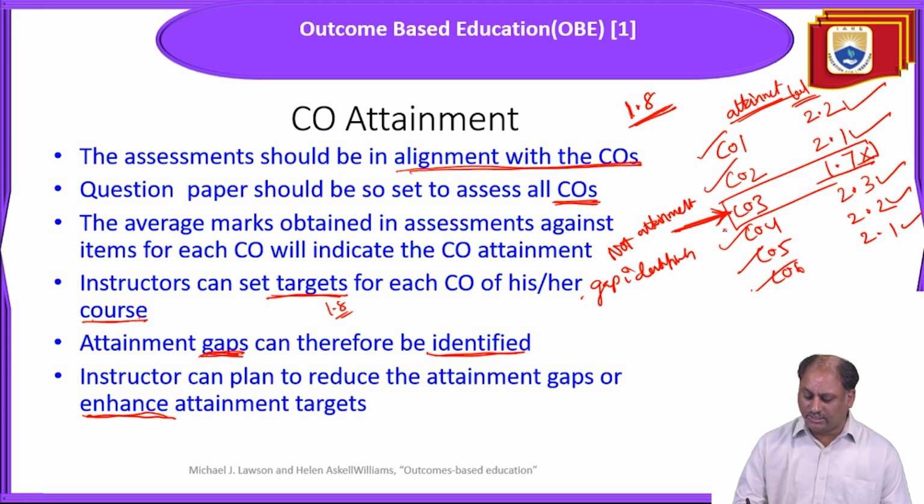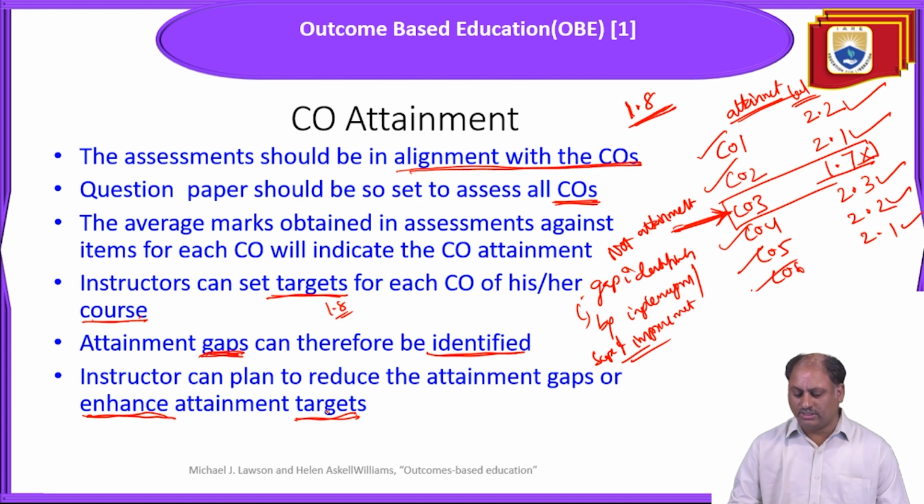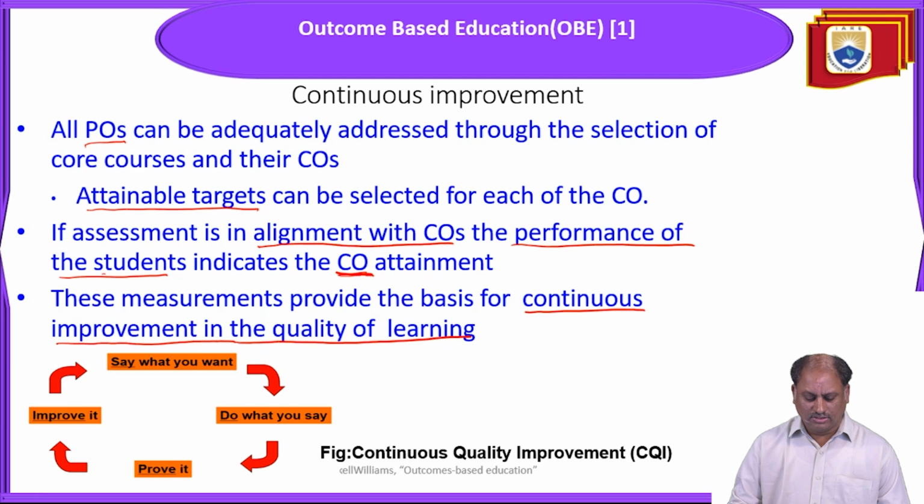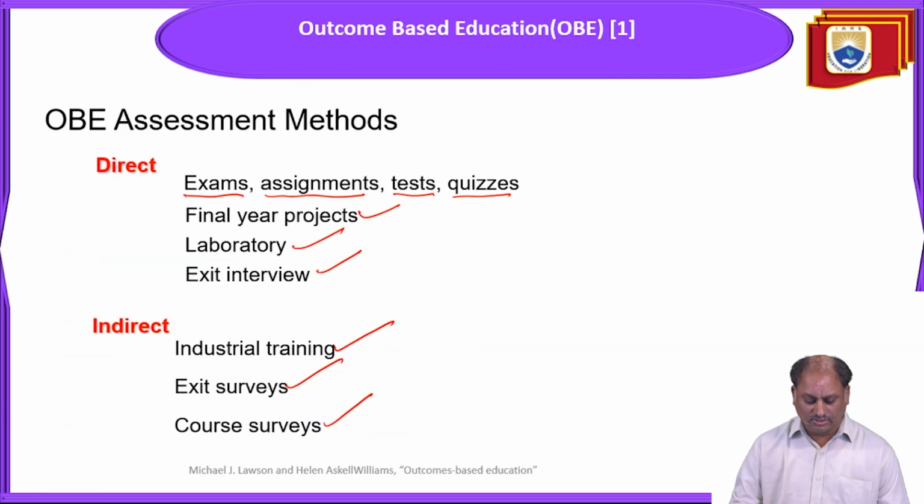This is the gap identified, and it is to be filled by implementing improvements in further areas. There is scope for improvement, and to reach the attainment target levels, further levels can be used. In this way we have to verify whether the attainment is met or not for that particular course.